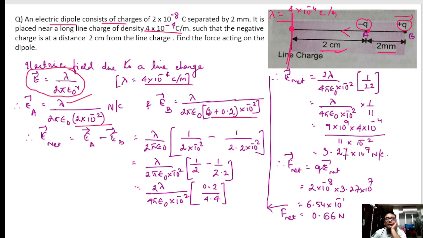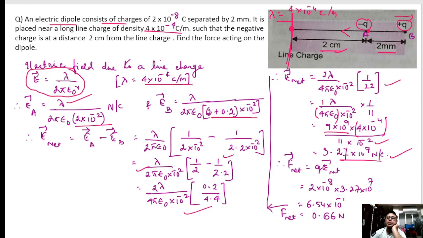So what is the net electric field? We will subtract both. We're getting this. Now putting the value of lambda, and 1 by 4 pi epsilon O is 9 into 10 to the power 9. Putting the values, we get this is the net electric field due to the dipole.